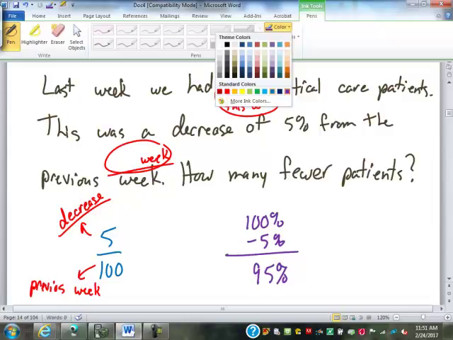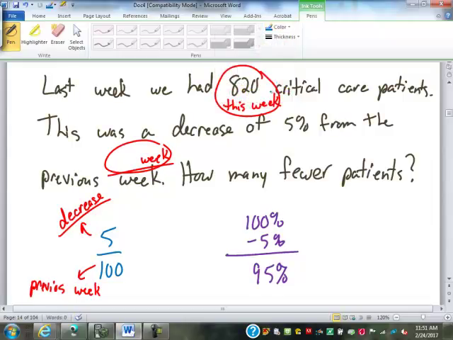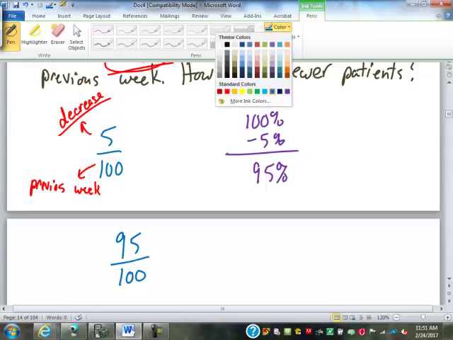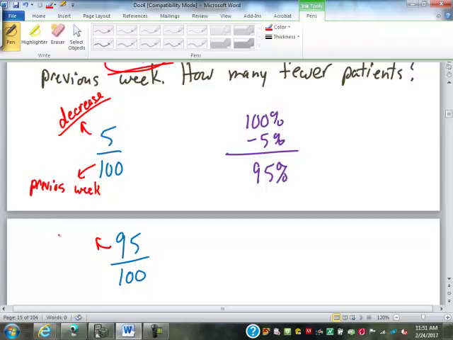So what we're looking at here is not a 5%. We're not looking at the decrease directly. We need to look at the 95%. So 95% is current week, and the 100% is the previous. And the 820 patients is in our current week after the 5% decrease.